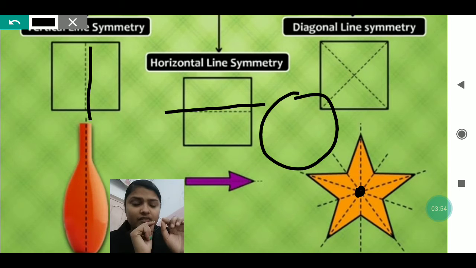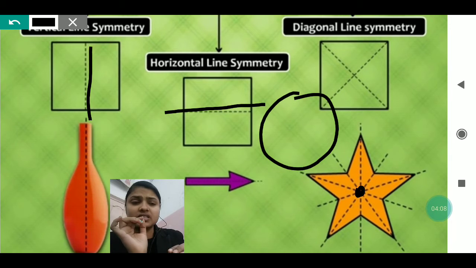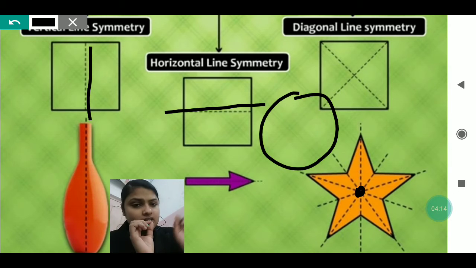From the center, we pass a line that is called a radius. We have already discussed all these things. So those are the diagonal lines of symmetry, which divide the circle from the center into equal parts, and when you fold it, all the parts match each other. So this is a diagonal line of symmetry.